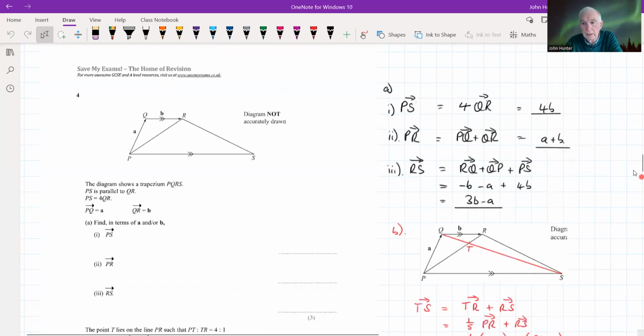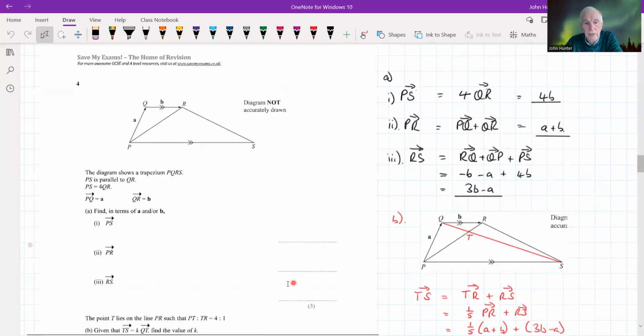Right, okay, so this next one is a vector geometry question. If you're not sure about the principles of vector geometry, then I suggest you go and have a look at my vector geometry video. So let's have a look at what it says. The diagram shows a trapezium PQRS, yes, because 2 sides are parallel, so trapezium.